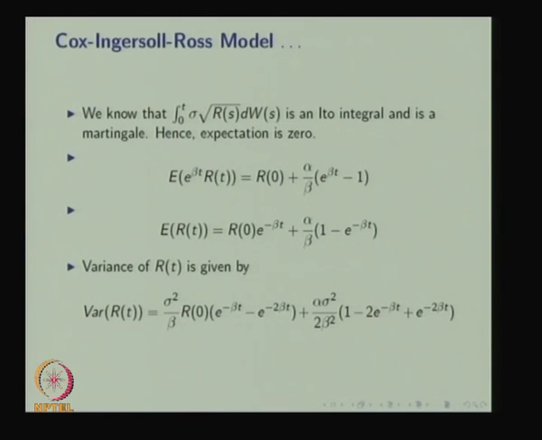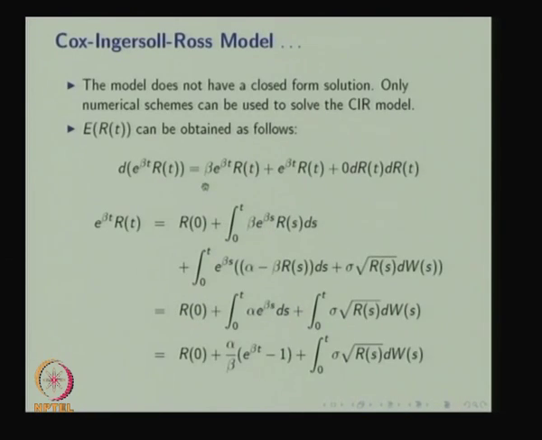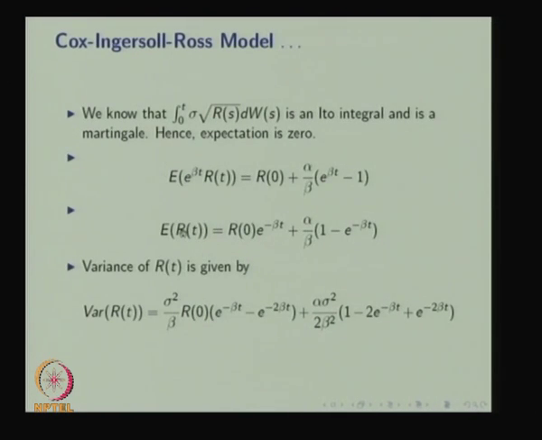Similarly, one can find the variance of R of t, but for that we have to find the expectation of R of t whole squared. For that you have to find the increment and so on, the second increment, then find the expectation of R of t whole squared, and then you can find the variance of R of t.